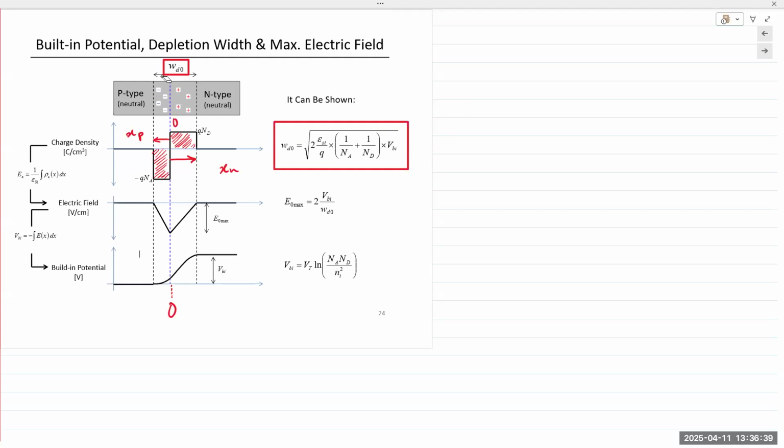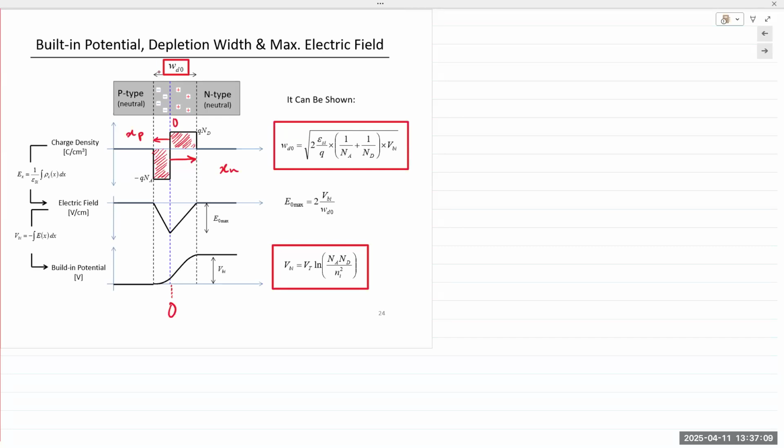But more importantly, this E max gives rise to a voltage, or we can measure the quantity of this electric field as a voltage, and we refer to it as the built-in junction potential, hence VBI. In this course, this book refers to it as VBI.